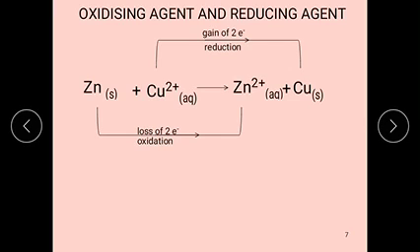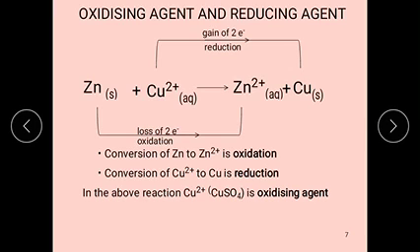Here you have to see once again. Zinc loses two electrons and converts into zinc plus 2, which means it is an oxidation reaction. One concept: the process of loss of electrons is said to be oxidation.